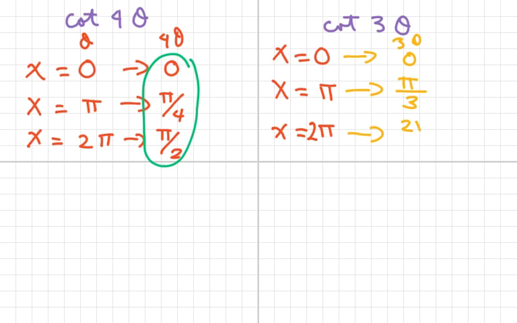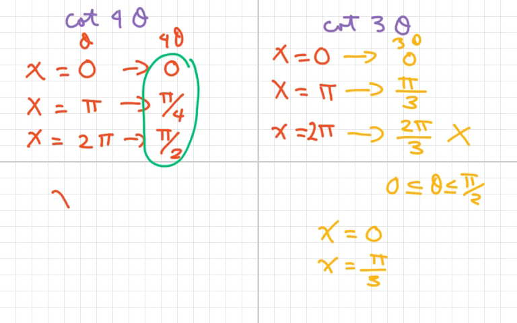And this one is going to be 2 pi over 3, which is too big. This one is not in between 0 and pi over 2, so I have to disregard it, and my two answers for this would be x equals 0 and x equals pi over 3. Whereas on this side, we could use them all.